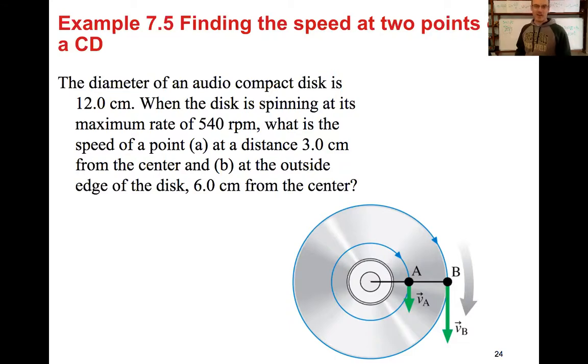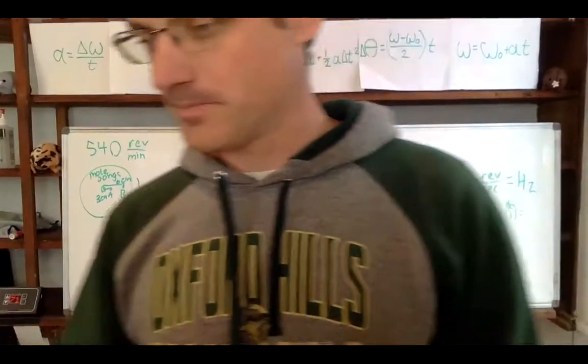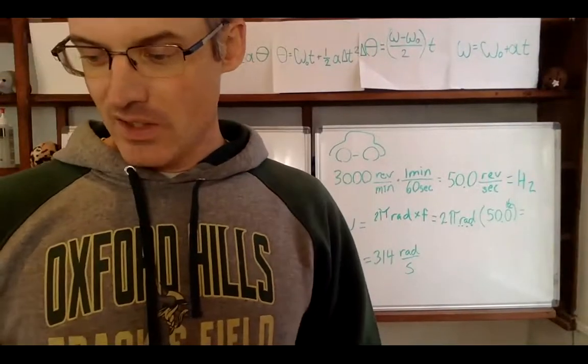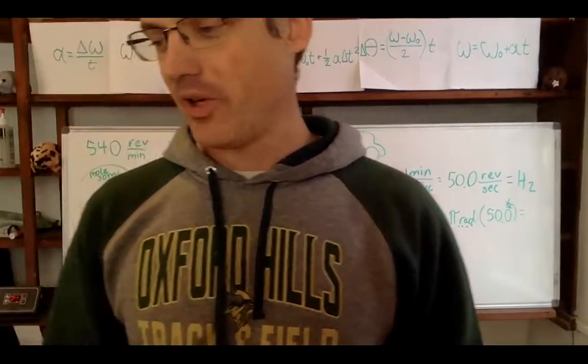That must be on the outside edge. I don't think they're much bigger than that. So what are we trying to find? We're trying to find the maximum speed for those 2 points. Okay, so let's see if we can figure that out.